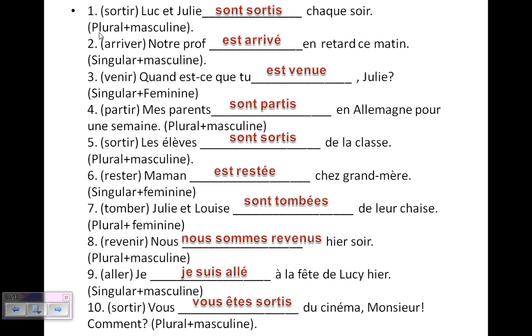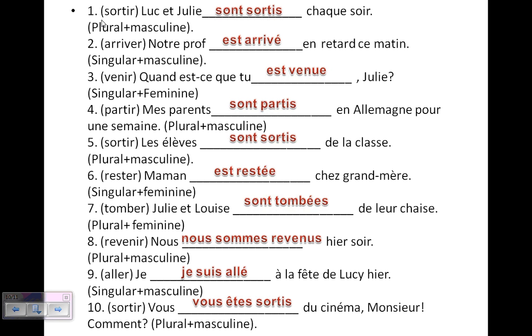Last one. La dernière. Vous êtes sorti du cinéma, monsieur. Vous, it's plural, or it's also the formal way to address someone in French, but it still goes with the vous, and vous is a plural form. So you have to add an S in the end. Sorti, with an S. So be really careful, because very often you cannot hear the plural or the feminine at the end of the participe passé.